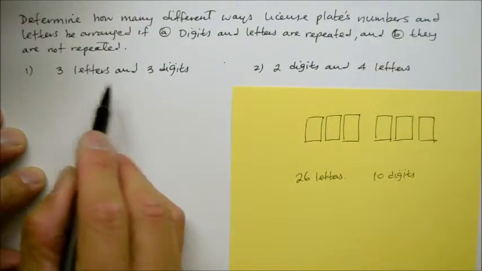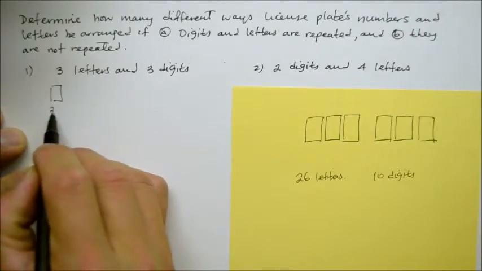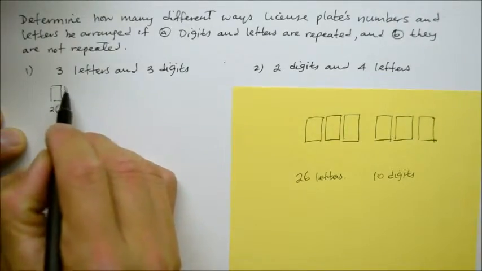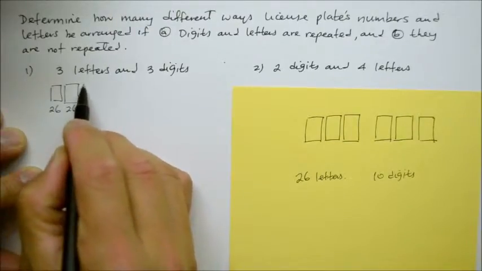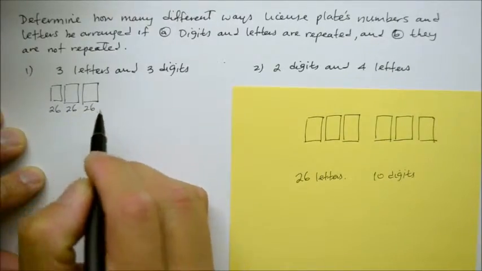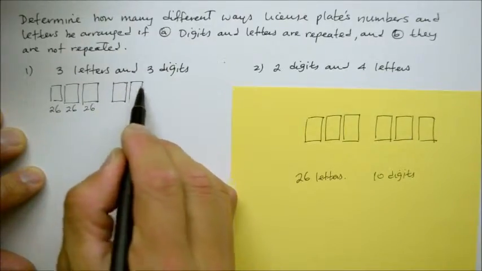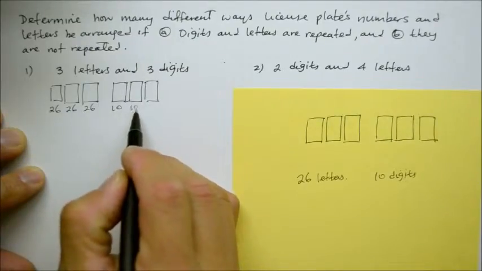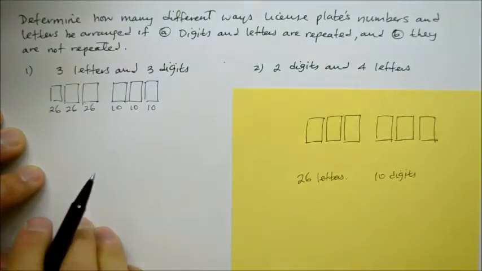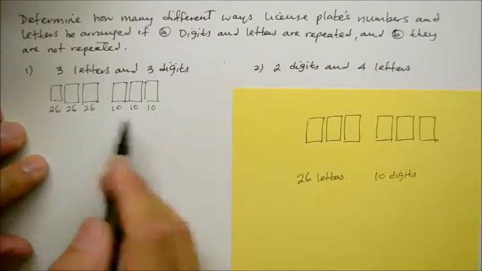The first one, we have a choice of 26 letters. The second, if we repeat, another 26, and then another 26, followed by the 3 digits. If we repeat the digits as well, we have 10, 10, and 10. The way we find the number of choices is to multiply them all.